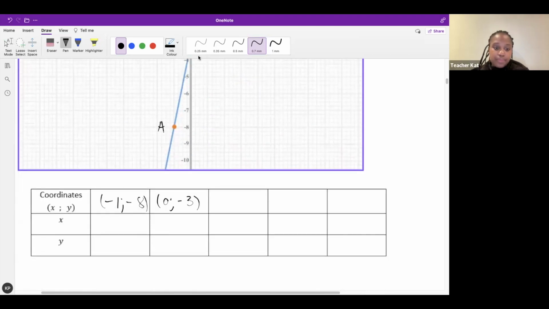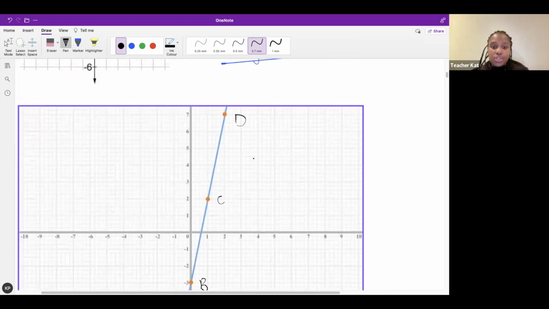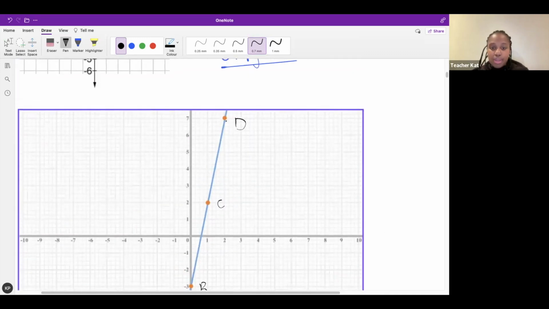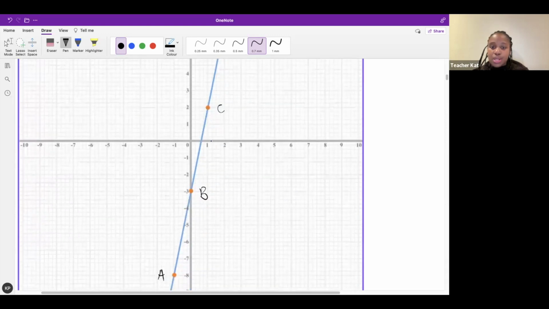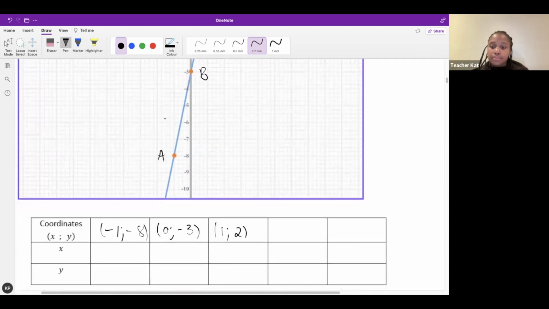Nice. 1 and 2. And my final point, which is point D, which is all the way up there. What's happening with point D? Point D is 2 and 7. Nice, Buhlali.